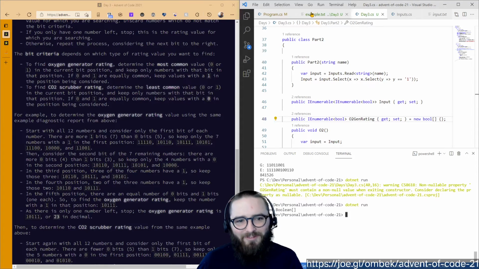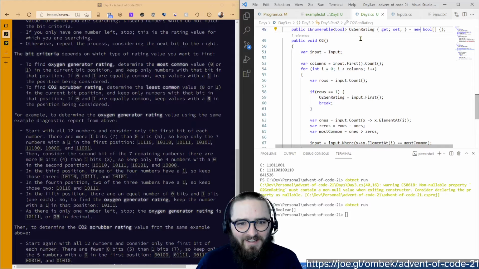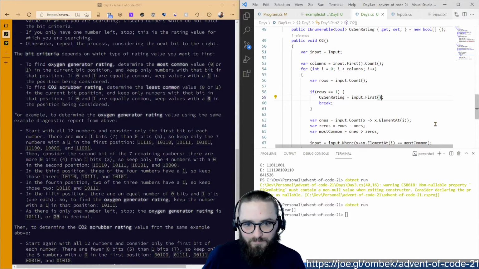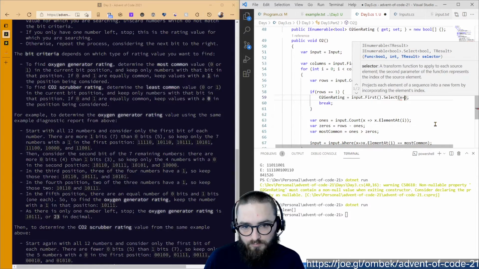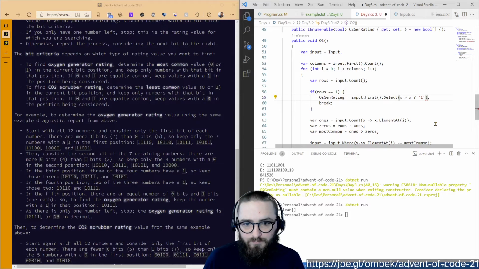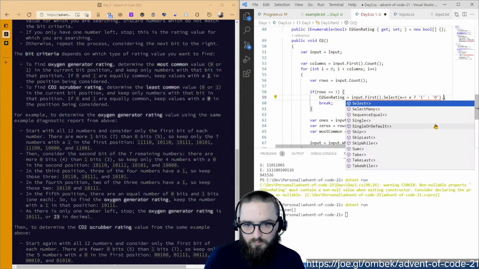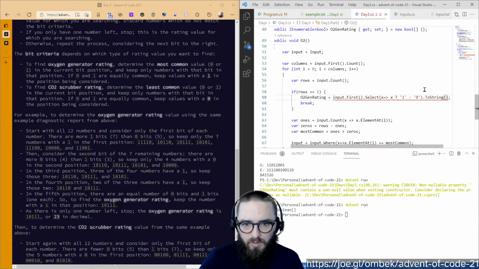System Boolean array. Hooray! Just what we wanted, I think. So O2 generating, let's at least spit it out as binary. Can you toString on a byte array?